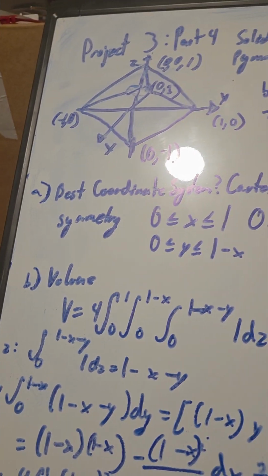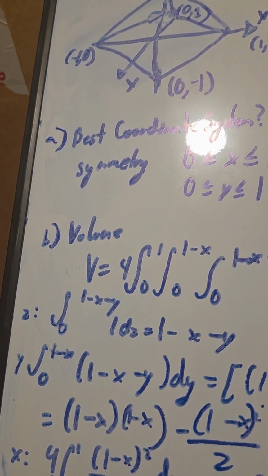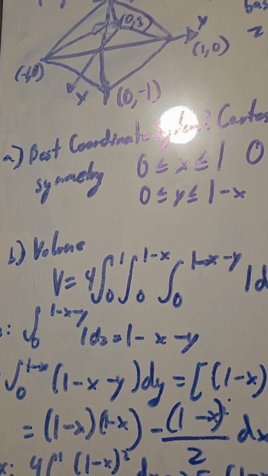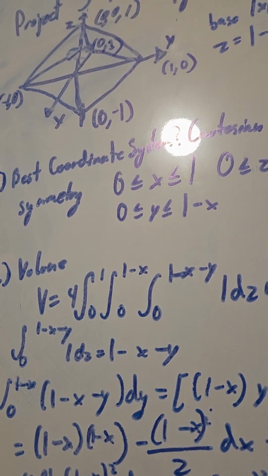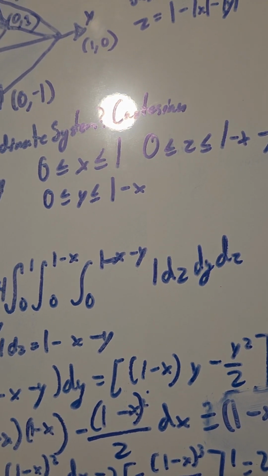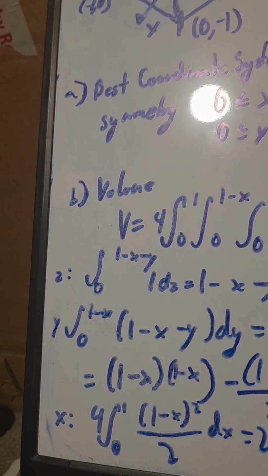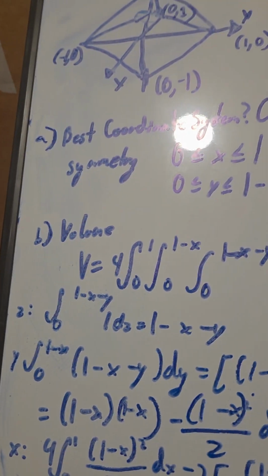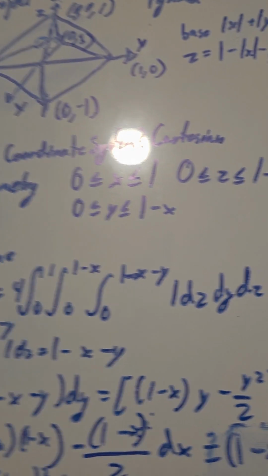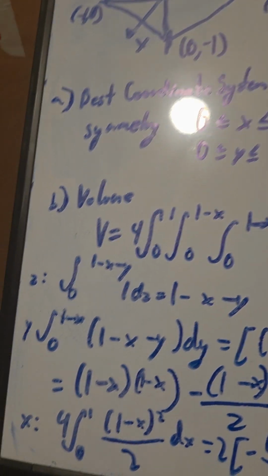So that's what we did. Starting off here, as you can see, volume equals 4 times the integral from 0 to 1, 0 to 1 minus x, 0 to 1 minus x minus y, of 1 dz, dy, dx. So we started off with respect to z, quick and simple. That gives us 1 minus x minus y.